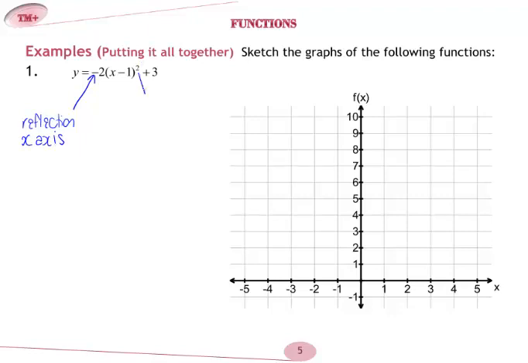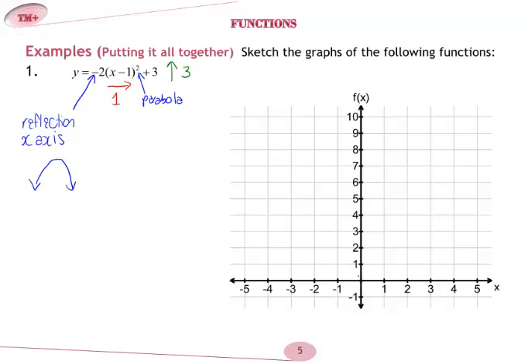Now it's a squared function, so we're looking at a parabola. What that means is my parabola, which would normally be happy, is going to be sad. Here I have x minus 1, so it's going to move to the right 1, and then I have a plus 3 at the end, which means it's going to move up 3.